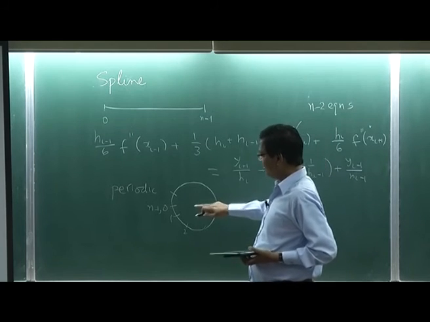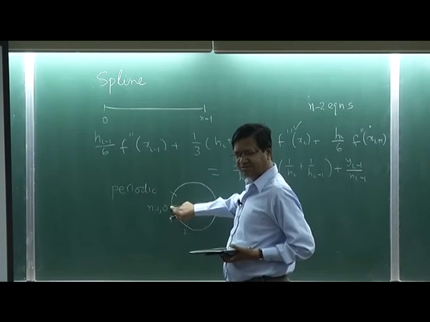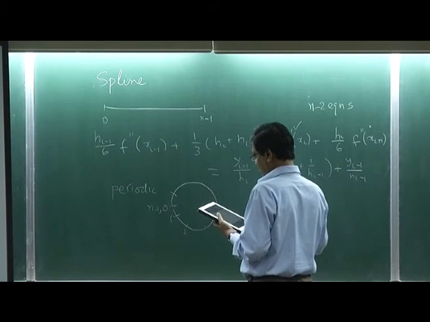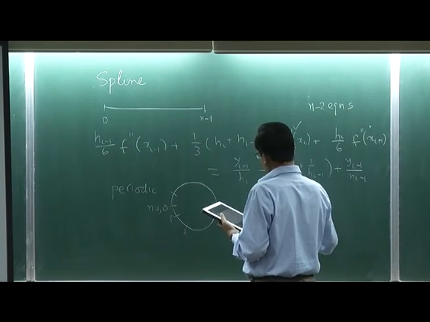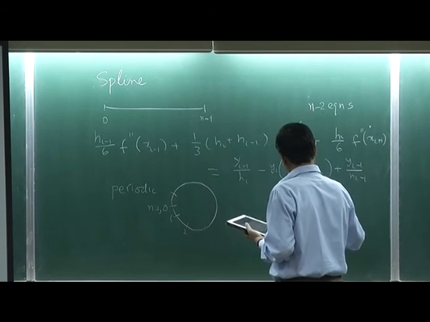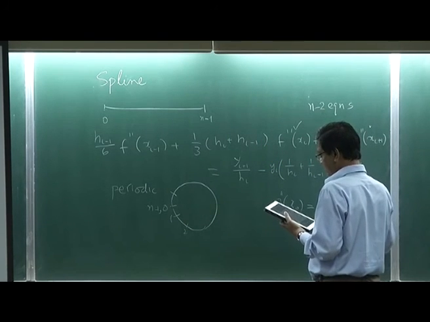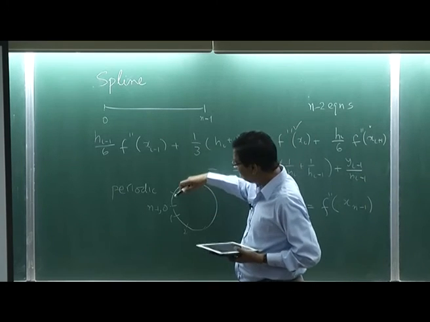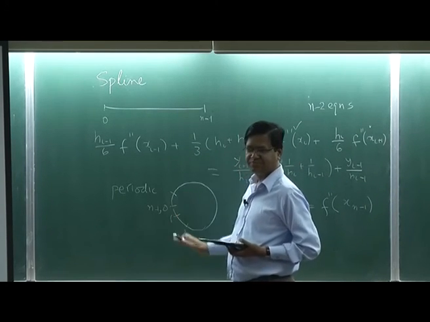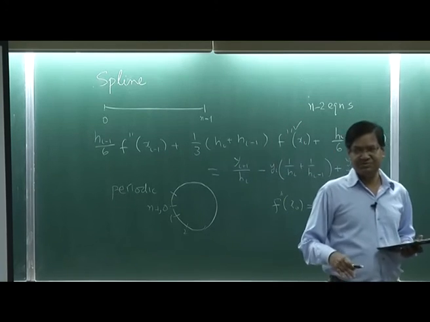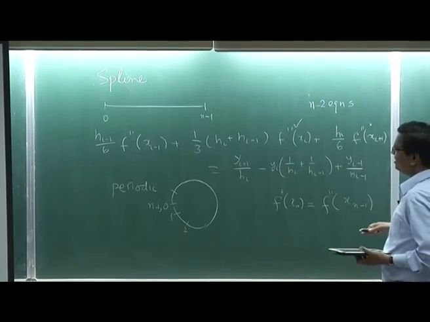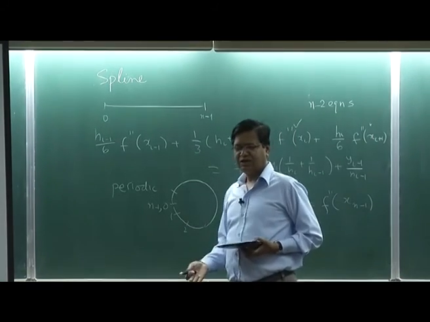So I just need to fix the double derivative here. So what we want is f double prime x0 equal to f double prime x n minus 1. Well, they are the same point, but you have to take the double derivative from the left and from the right, and that is what we are assuming. So that will give you n minus 1 conditions, and we have n minus 1 unknowns, and you can solve it.